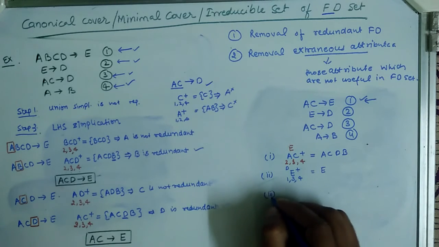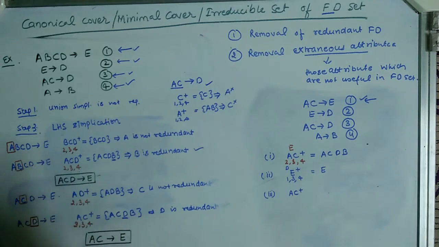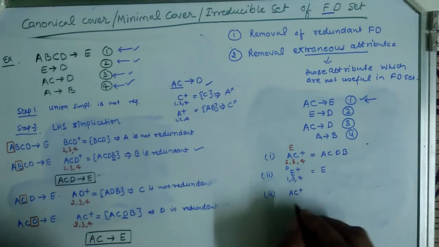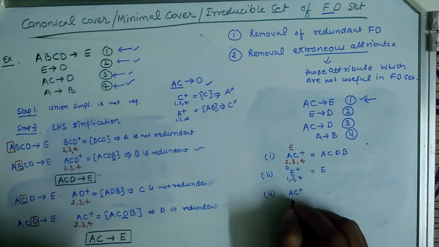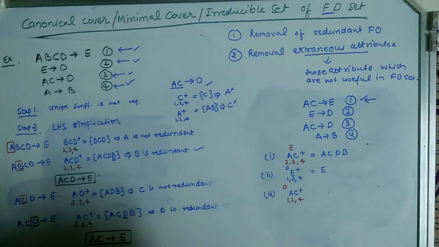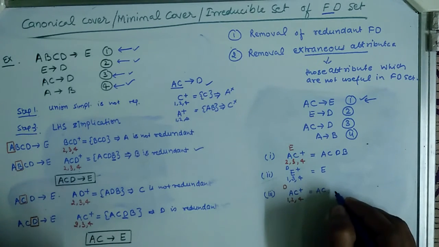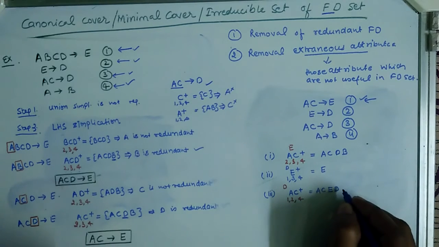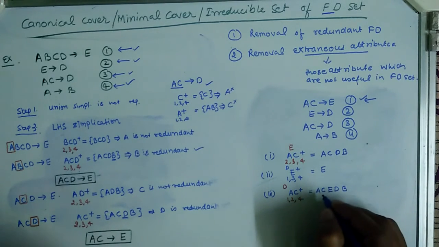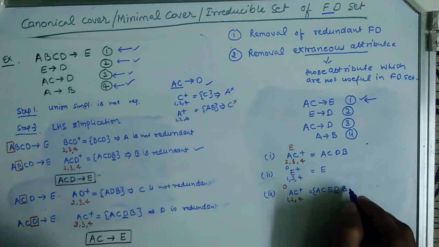For equation number 3, we need to find out the AC closure from equations 1, 2, 4 and look for the variable D, whether they derive D. AC closure will lead to AC, and AC will lead to E, and E will lead to D, and A will also lead to B. So your AC closure can find the variable D from equations 1 to 4.